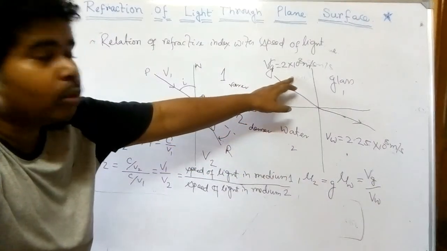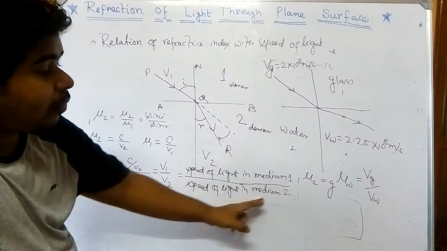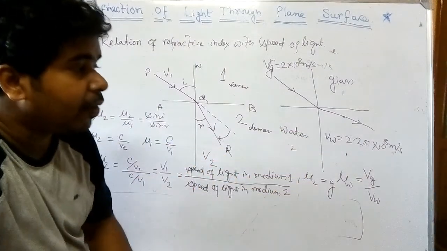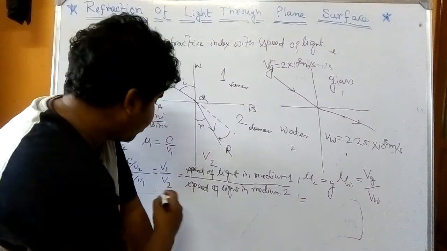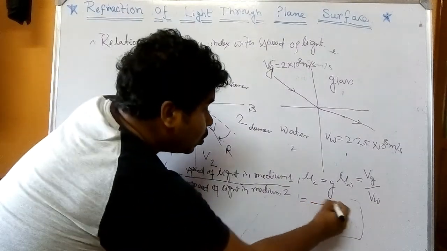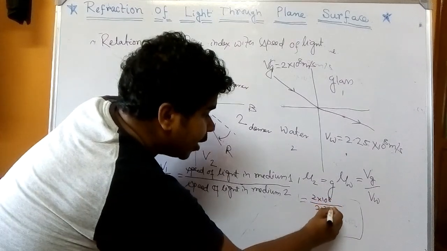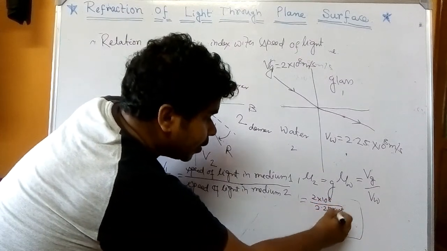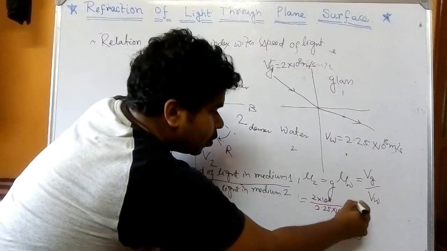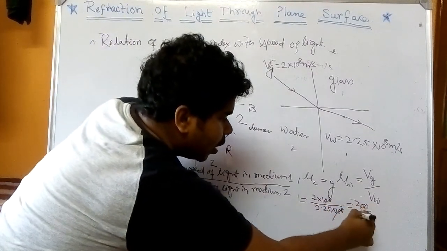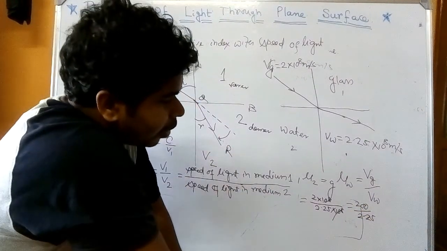Here medium 1 is glass, because the light ray is coming from there, by the speed of light in medium 2, that means the speed of light in water. So let's put the values: 2 × 10^8 by 2.25 × 10^8. It will cancel out. So 2 by 2.25, that is 200 by 225. So let's divide it by 5 first.